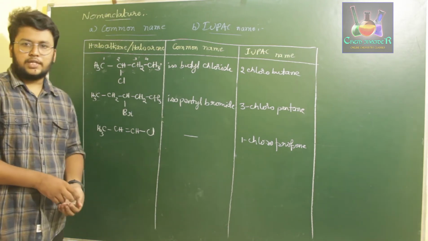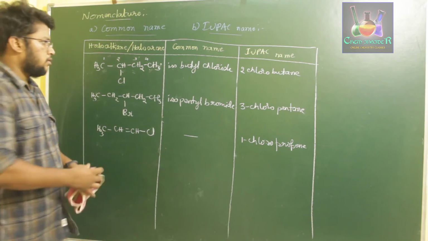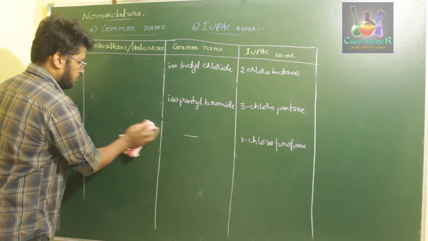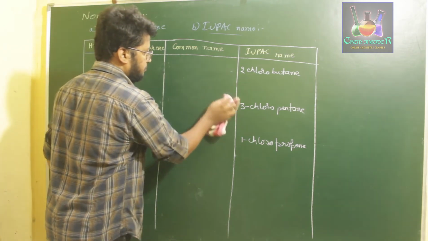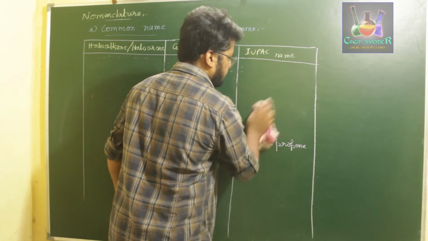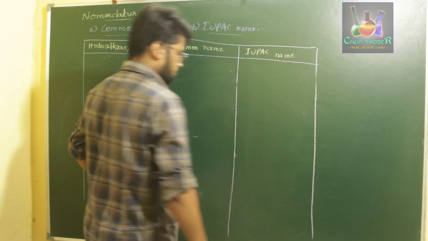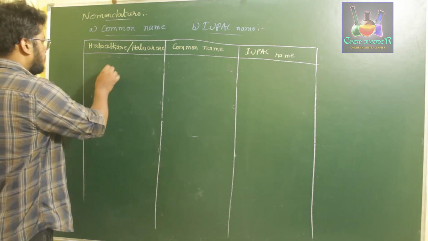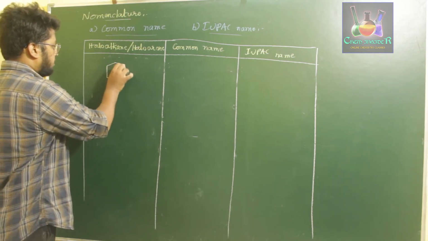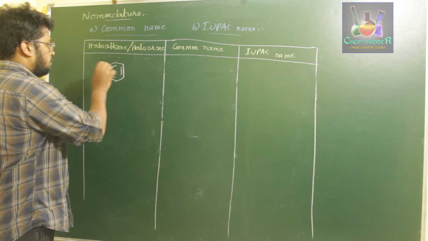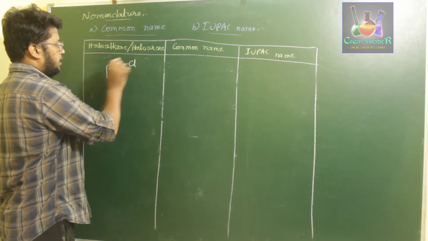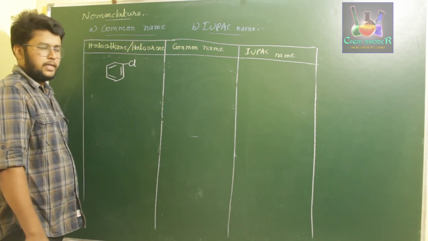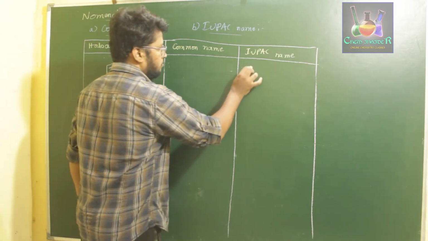Next we are going to discuss some halogen compounds with aryl rings. First, with a benzene ring. If halogen is attached directly to our benzene ring, we call it chlorobenzene for IUPAC nomenclature.